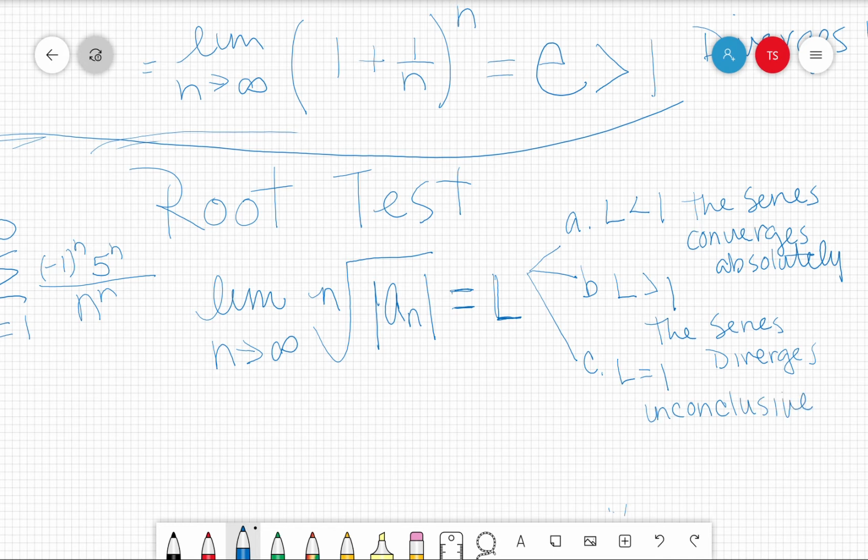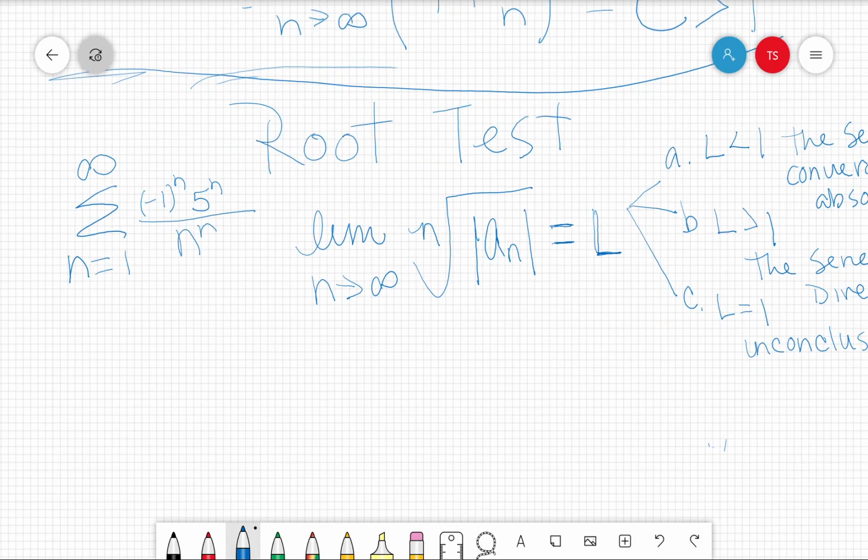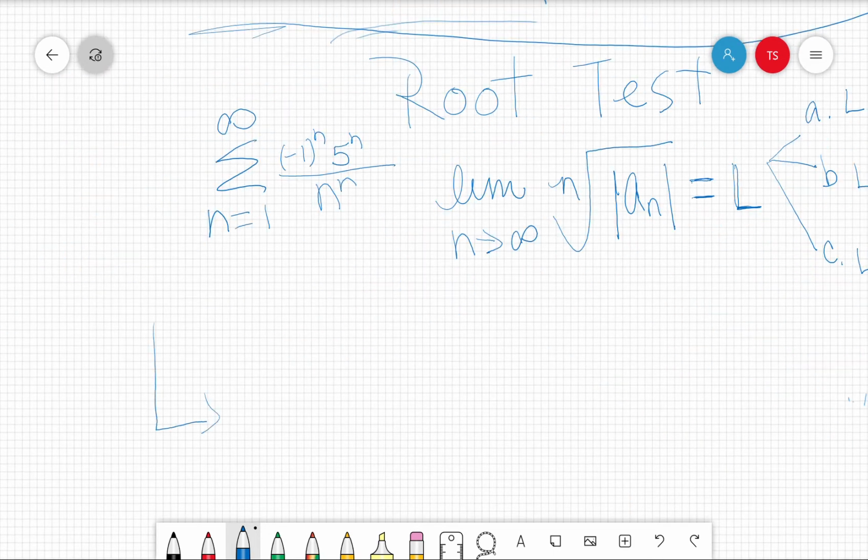So let's apply that test to this given series here. We're going to take the limit as n goes to infinity of the nth root of the absolute value.